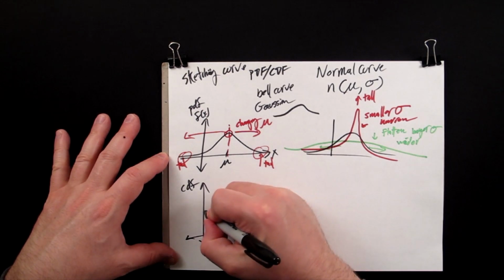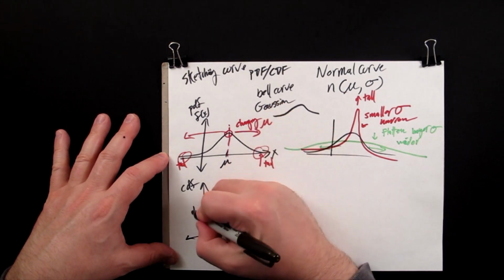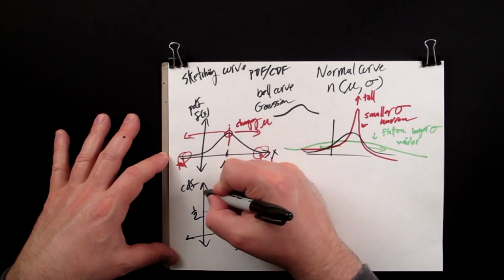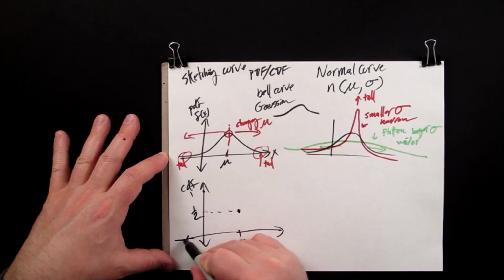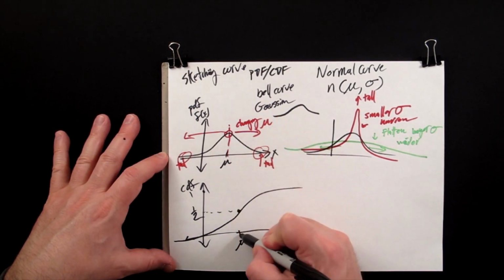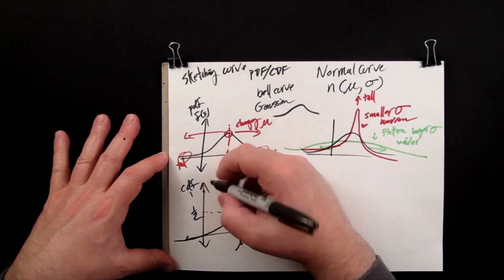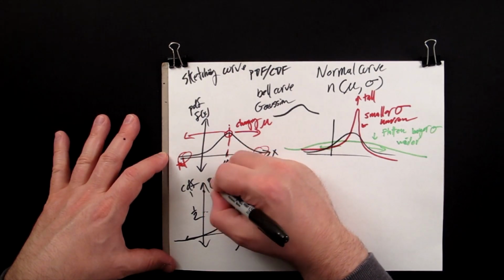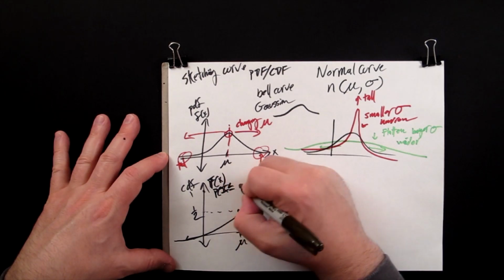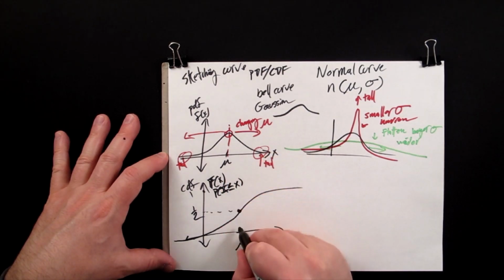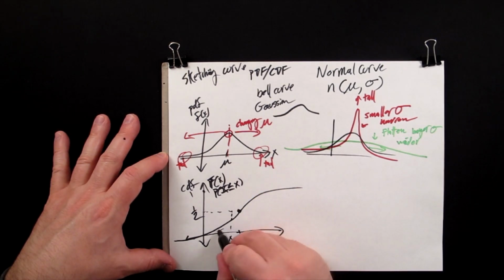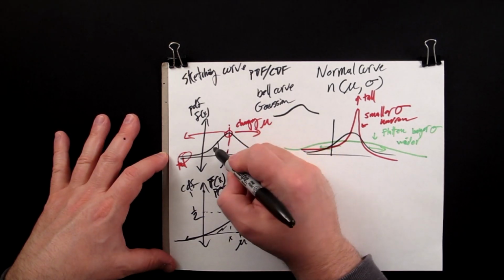Okay, so the CDF graph. Because this is symmetric, the mean is going to be half, so this value here, which corresponds to the peak at the mean, is going to be half on the CDF graph. Remember, the CDF graph is telling you the chance of seeing an observation smaller than that particular x value. So you have some value here, and it tells you the area under this curve here.